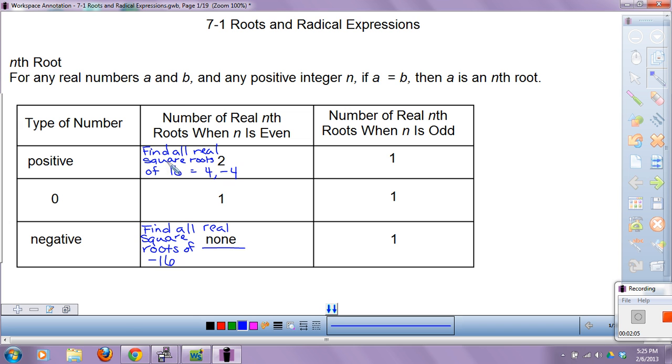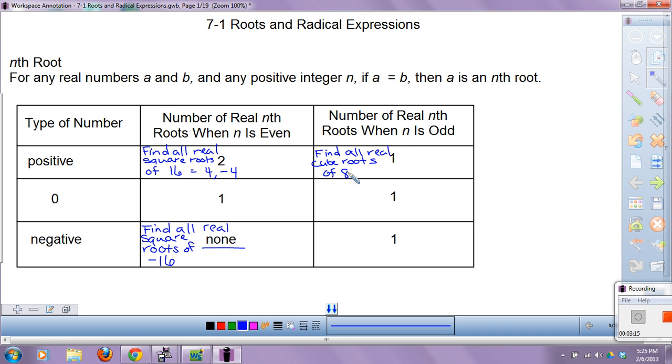Okay, let's look at the real nth root when n is odd. So instead of taking the square root, you would do the fifth root or the third root, the cube root. So let's look at find all real cube roots of 8. So 8 being our positive number, cube being our n.